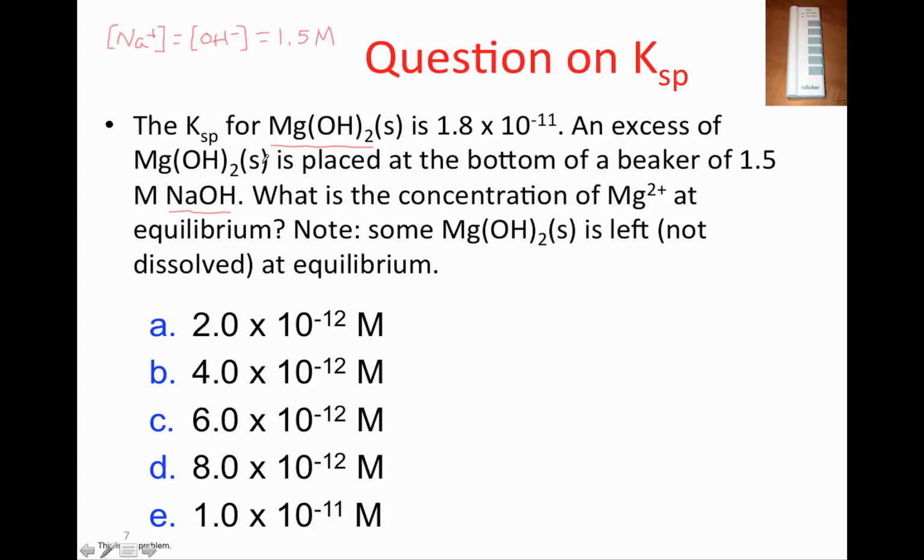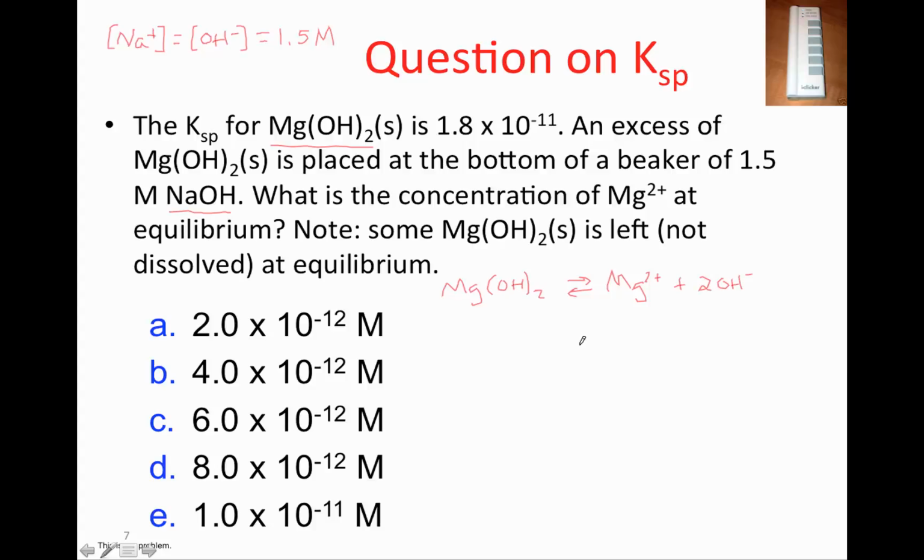Now that we've taken care of this, let's deal with the addition of this sparingly soluble salt to the solution of this other salt. And so I'm going to write down now the equilibrium expression for magnesium hydroxide. So let's see, we've got magnesium hydroxide, we've got Mg2+ plus 2OH-.